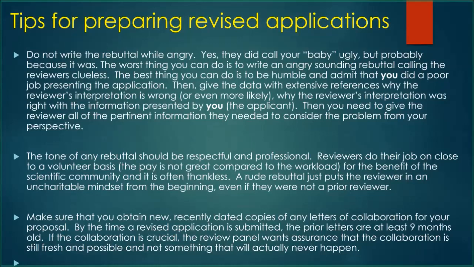Even if it's a new reviewer reading your grant fresh, if you disrespect the prior reviewers, they're going to be very, very worried about your judgment. Now, sometimes the reviewer is wrong. Then you basically talk about why you respectfully disagree and give many citations showing why your interpretation is right while the reviewer was mistaken.